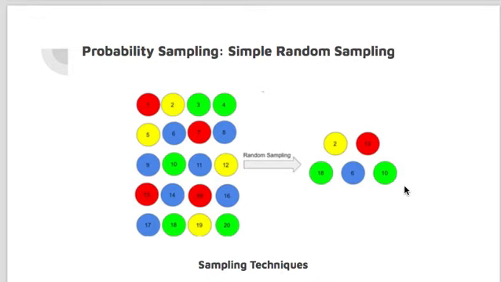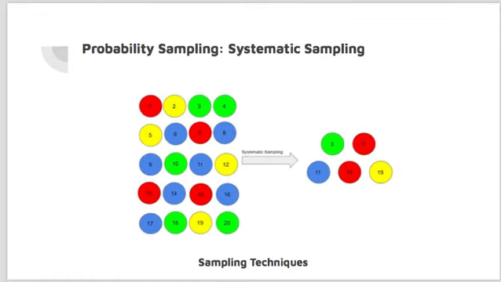So that is simple random sampling. The next, systematic sampling under probability sampling, is selecting with a fixed sampling interval. Systematically, that's why we fix a sampling interval. Let's take a simple example. Our population size is x, and we have to select a sample size of n. The interval will then be x by n.